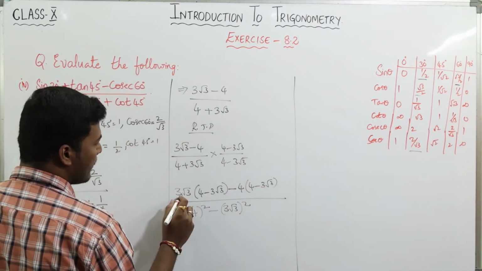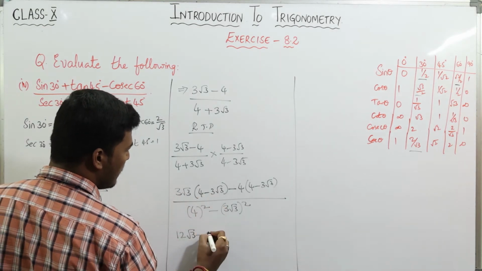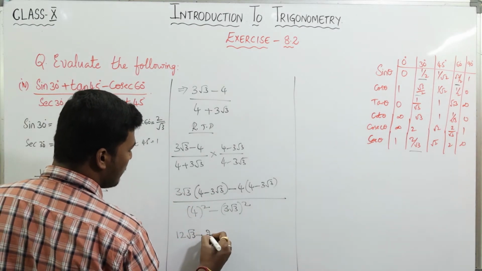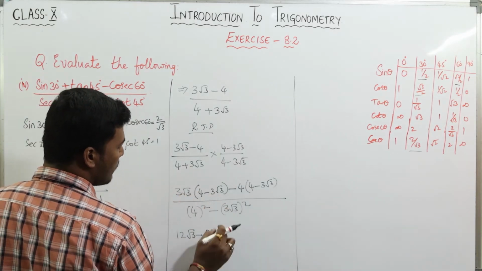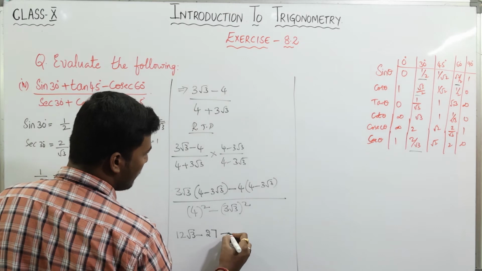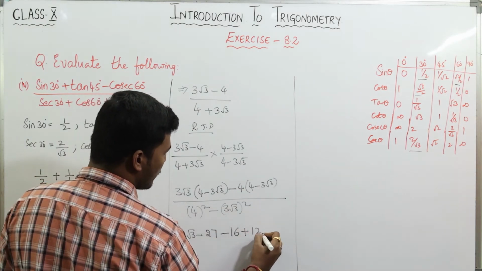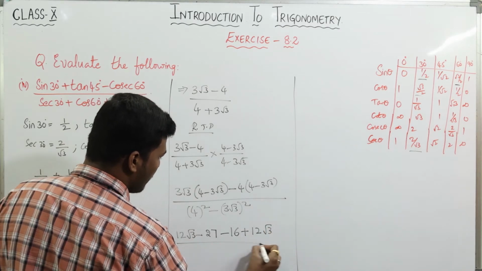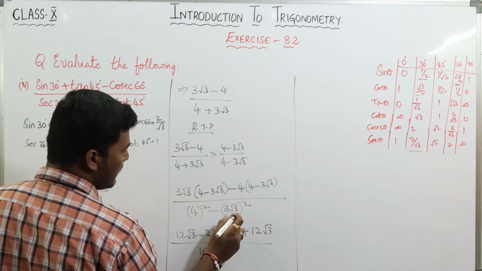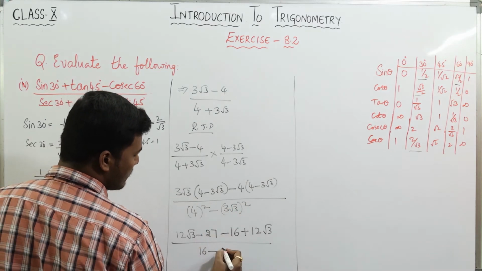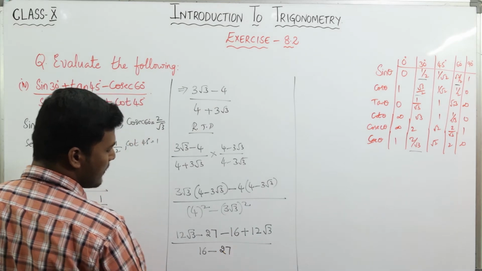Okay, then it will become 4 3s are 12 root 3 minus 3 3s are 9, 9 into 3 will become 27. Minus 4 4s are 16, minus into minus plus 4 3s are 12 root 3, divided by 16 minus 3 square is 9, 9 3s is 27.